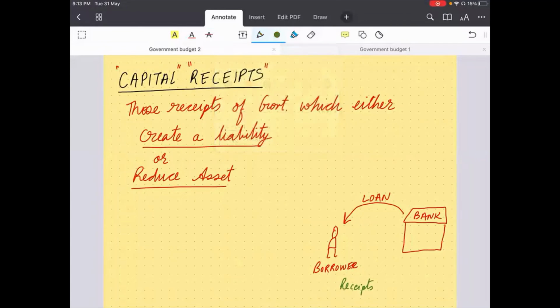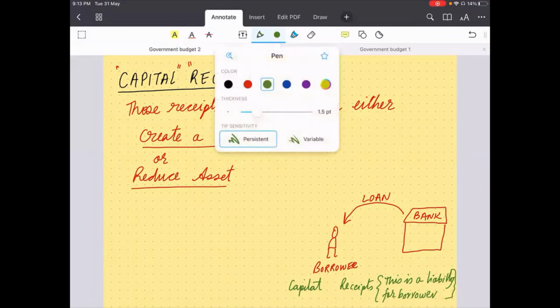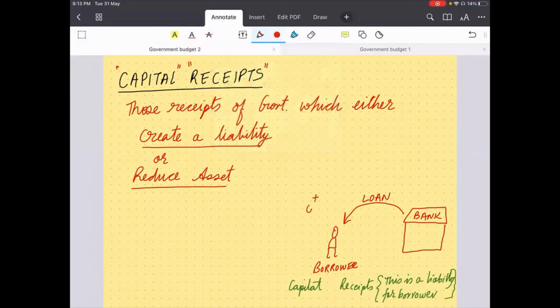He has to pay back this loan. So this becomes a capital receipt because this is a liability for the borrower, because he has to pay it back. So this becomes a creation of liability.